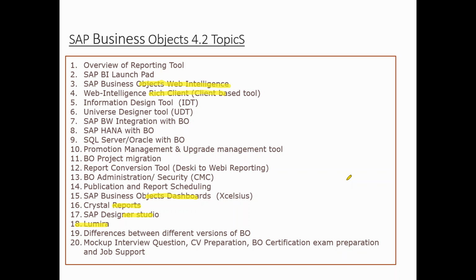QlikView has one tool, not multiple tools. But the advantage with BO is that any requirement can be achieved easily. That is the advantage of the Business Objects reporting tool. BO is one of the major players leading in the world, and that's why BO has a lot of requirements.